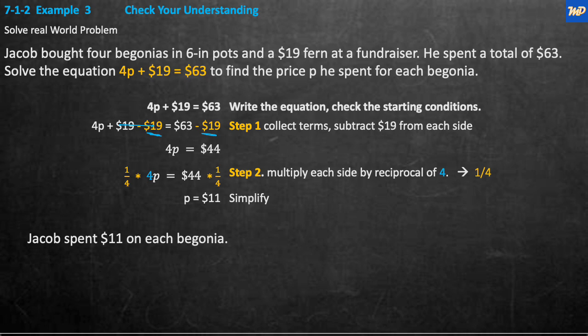If you multiply by 1/4 on this side, you have to multiply by 1/4 on the other side. And when you do that, 44 is divisible by 4 11 times, and 4 divisible by 4 1 time. So the answer is p equals 11. So Jacob spent $11 on each begonia.